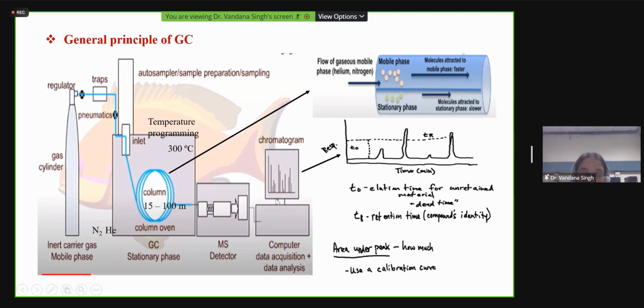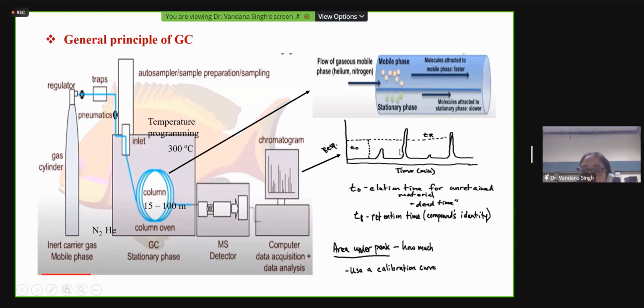Based on that, we make a calibration curve with the known compounds, their known concentrations and their retention times, and by comparing our chromatogram with the known standards, we can identify the components. Nowadays this identification is mostly done automatically in software, where there are libraries of different compounds based on their retention times. The software matches our peaks with that library and gives a list of identified compounds. So we identify the compound based on the retention time.